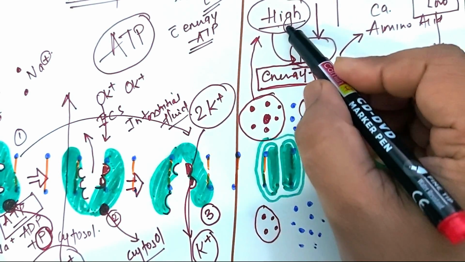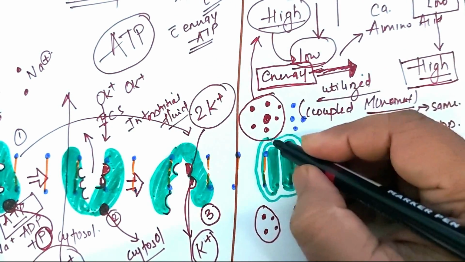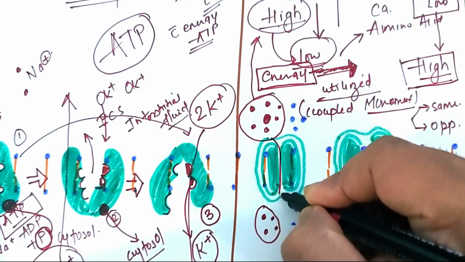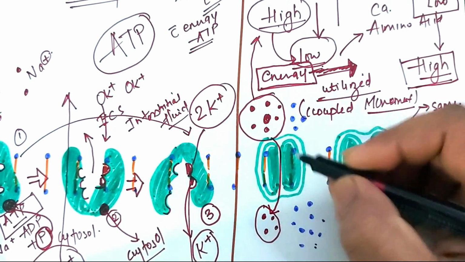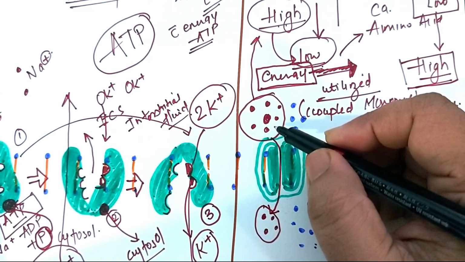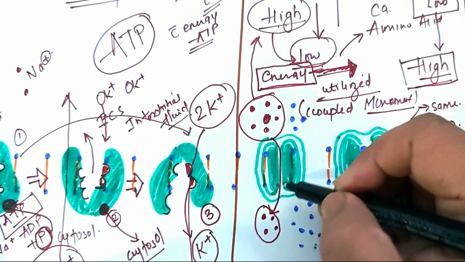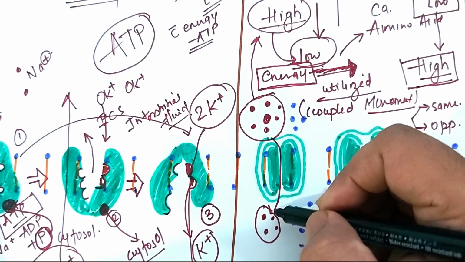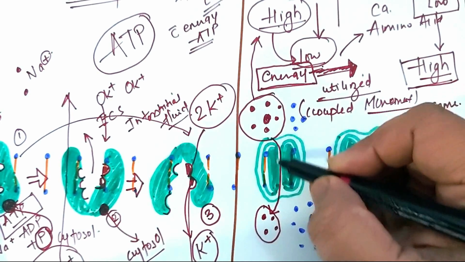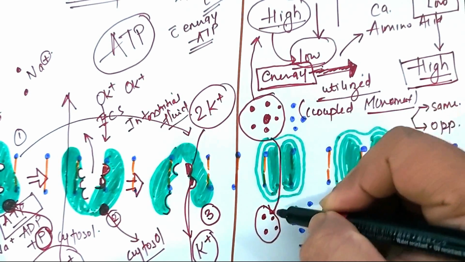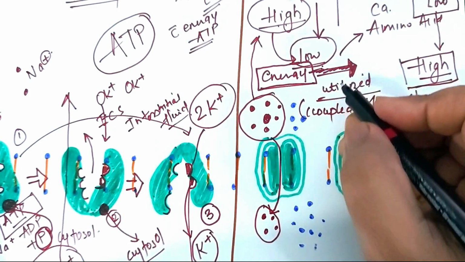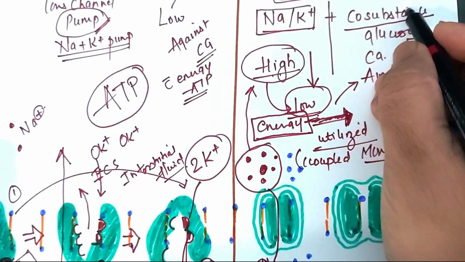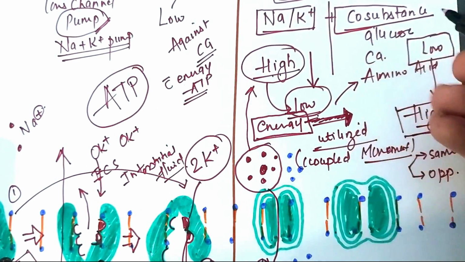Now it will move from high to low. Imagine the sodium moving from its higher concentration outside the cell to the lower concentration inside the cell. Whatever energy is being utilized is co-utilized to bring the other substances inside the cell.